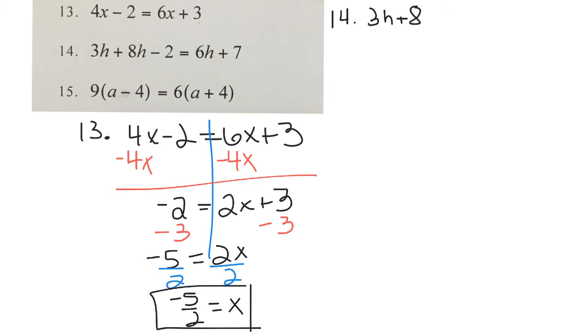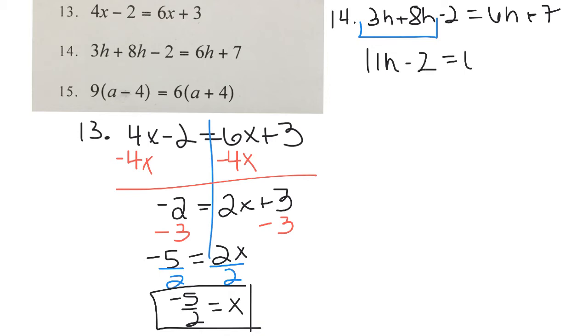3h plus 8h minus 2 equals 6h plus 7. We have some like terms here, so we get 11h minus 2 equals 6h plus 7. We're going to get our variables on one side by subtracting 6h.